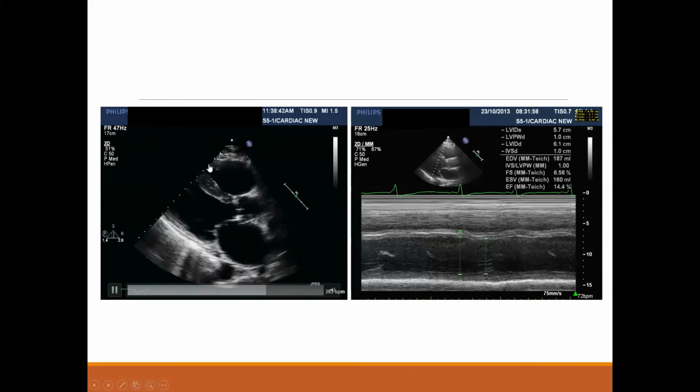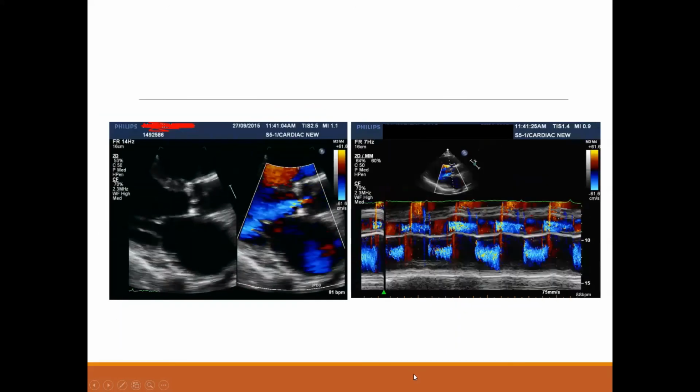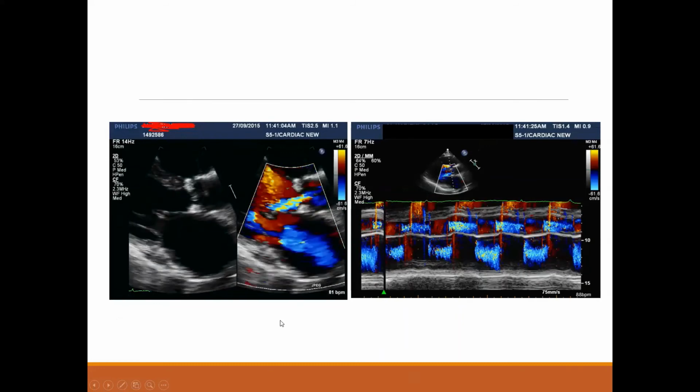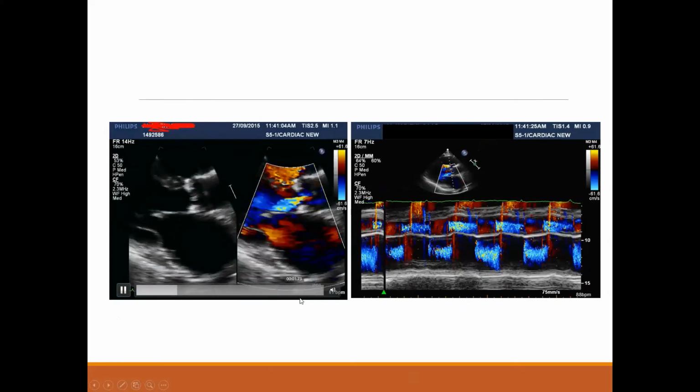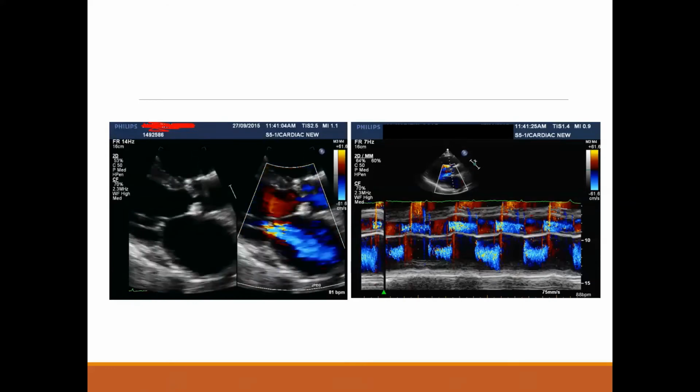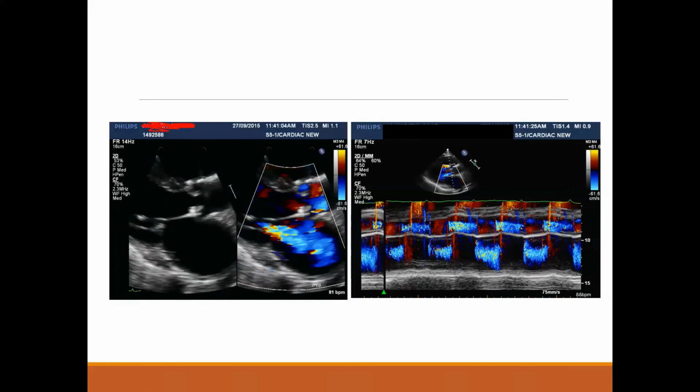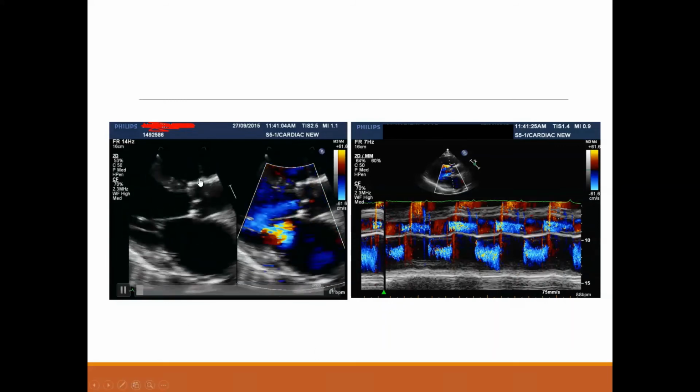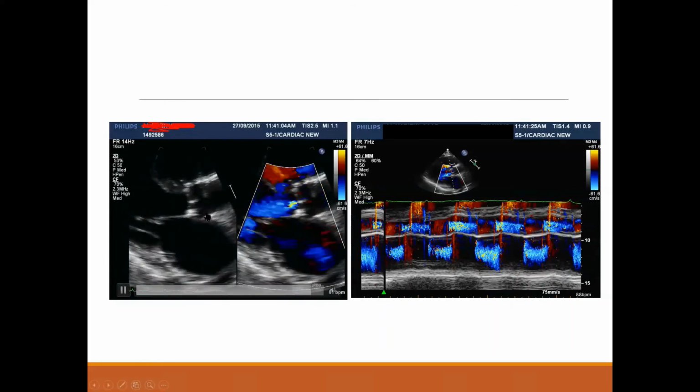You see here. Okay. Now, what do you see here? This is the problem with zoomed in views.